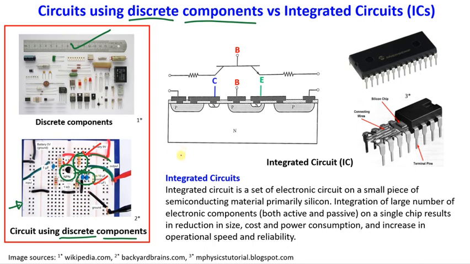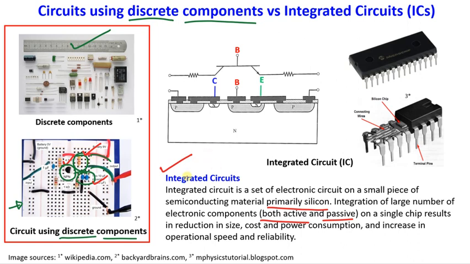But if you consider the case of an integrated circuit, then in an integrated circuit, both active and passive components are made up with silicon. So that is the basic difference. That means you don't make the resistor using carbon film. You make the resistor using silicon only.